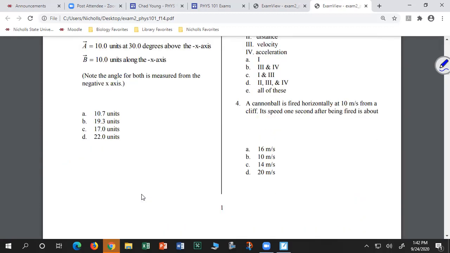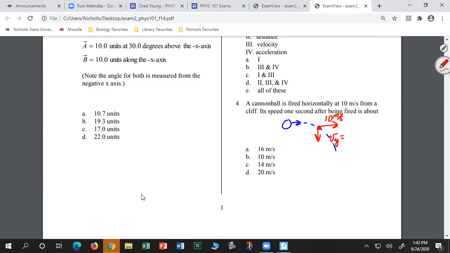Okay, yeah, so good. This one is similar to one that we worked before, but it's a little bit different. I have this cannonball, and it's fired like that, and I want to know what its speed is 1 second afterwards. I know its speed is going to have 2 parts. It has a part that's 10 meters per second, and then another part that's equal to Vy.